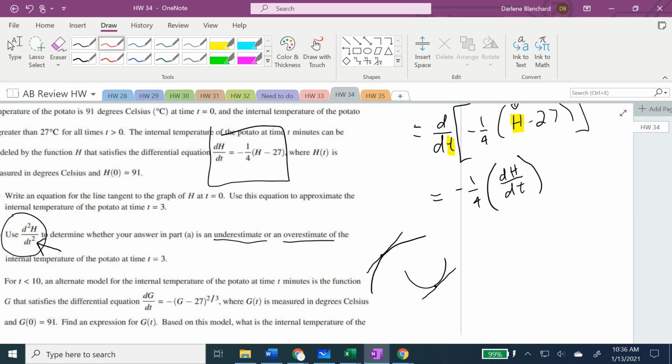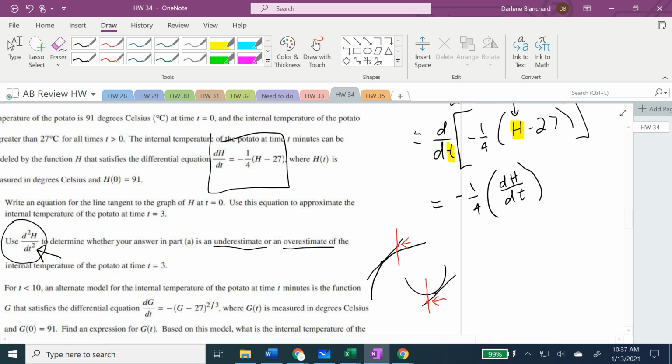If you are concave down, then an approximation of a y-coordinate on the tangent line is an over approximation of the actual y. If you are concave up, then an approximation on the tangent line is an under approximation of the actual function's y value at that same x, or in this case, t coordinate.